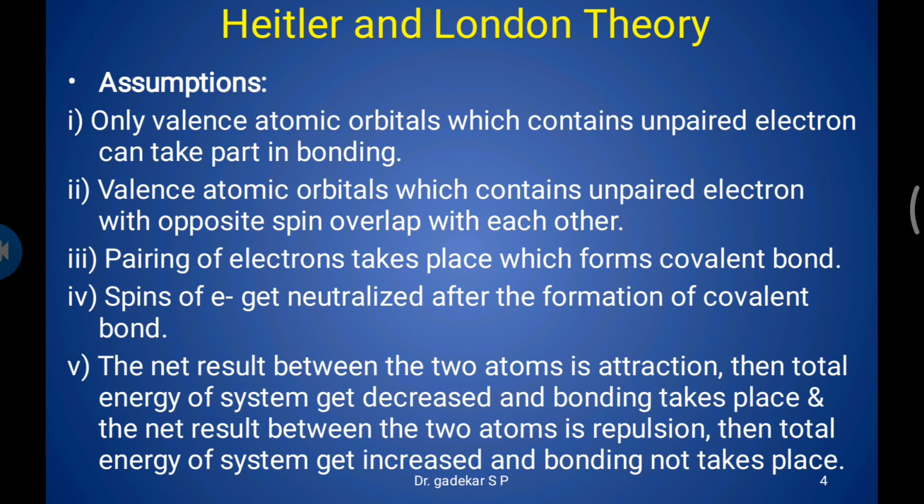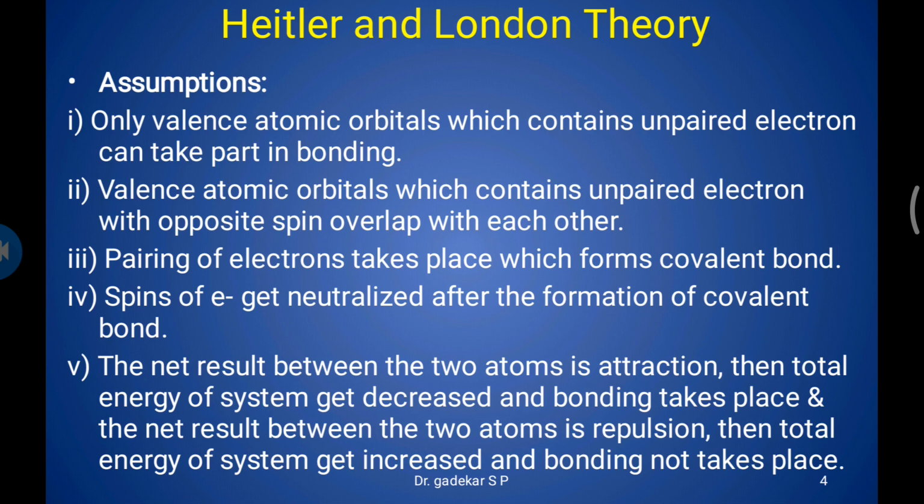Second assumption: valence atomic orbitals which contain unpaired electrons with opposite spin overlap with each other. Here the concept is overlapping.